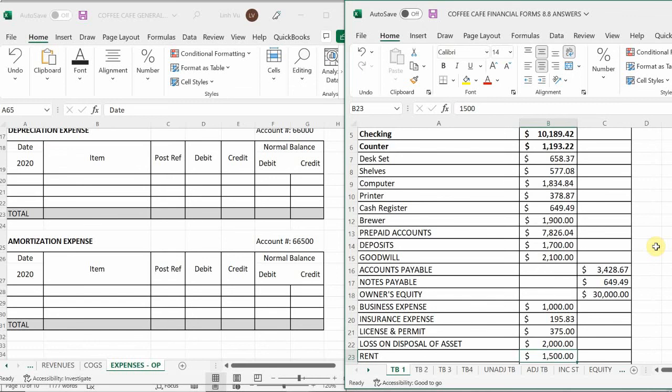Is that 658 and 37 cents? 658.37 is correct.